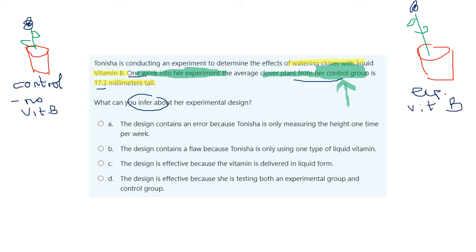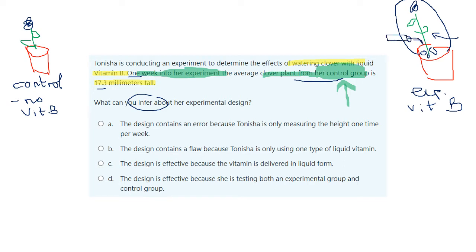C, the design is effective because the vitamin is delivered in liquid form. So you could put tablets, solid form, around the base. You could put a cover over the plant and then put air inside. But what Tanisha is doing is she is watering.